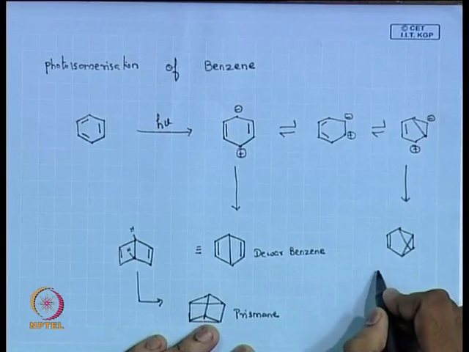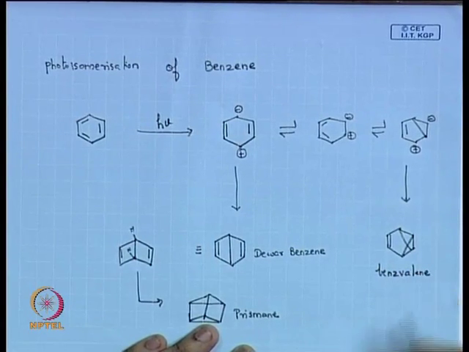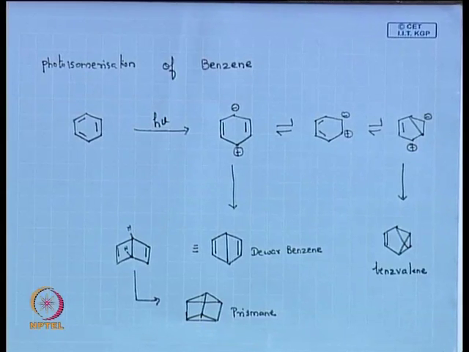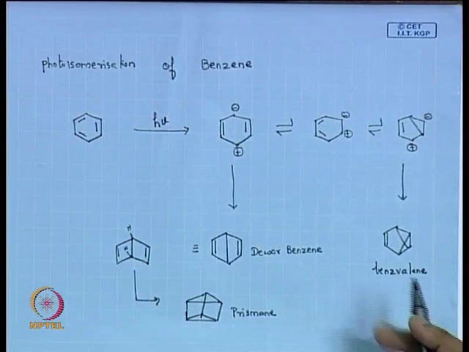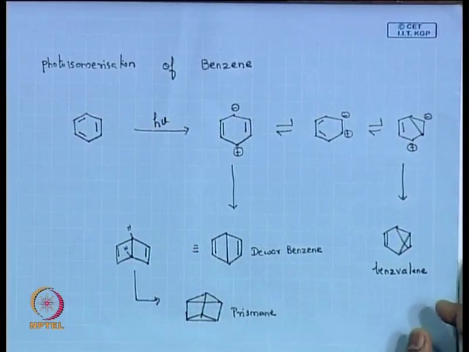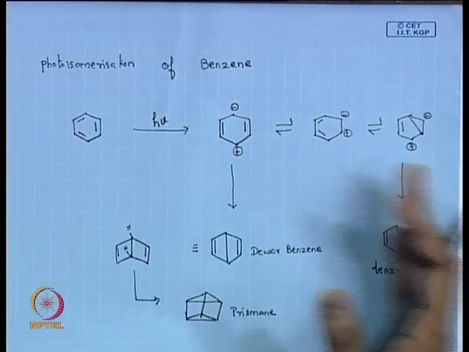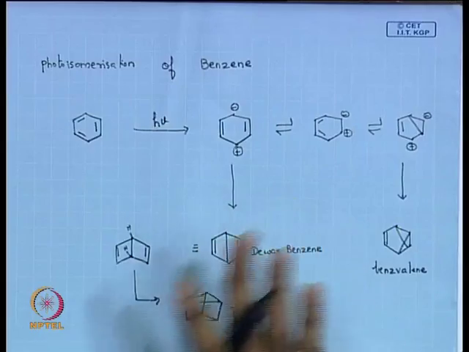This is benzvalene. Benzvalene. You have studied this. I think Dewar benzene, benzvalene, prismane, this all you have studied earlier. But as photochemistry, this is how it comes.